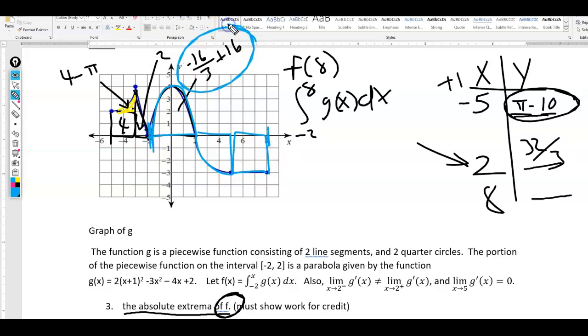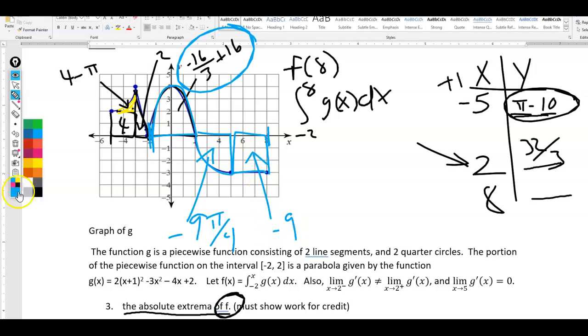So we already have the parabola area. We found this area earlier as well. That was 9 pi over 4, but it was negative because it's under the curve. Same thing here. That's 3 times 3, so that's 9, and it's negative because it's under the curve. So this area all put together would be -16 over 3 plus 16 minus 9 pi over 4 minus 9.